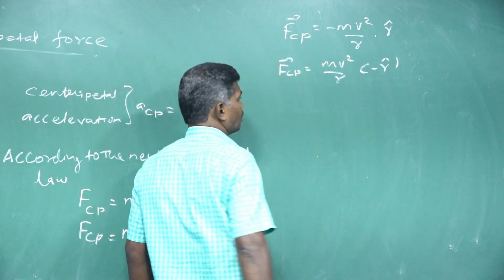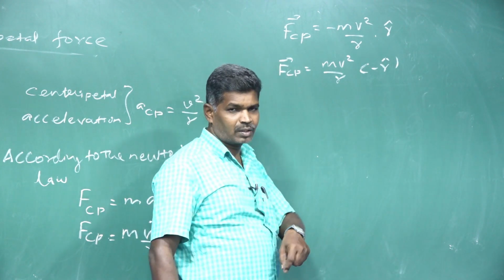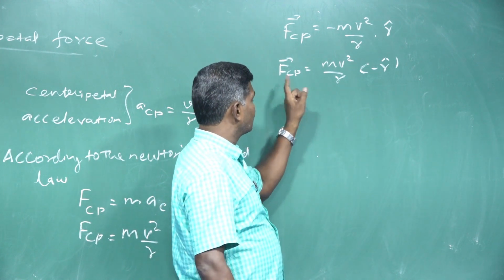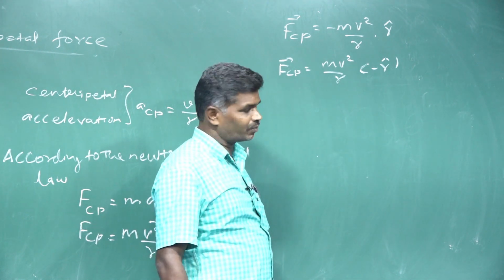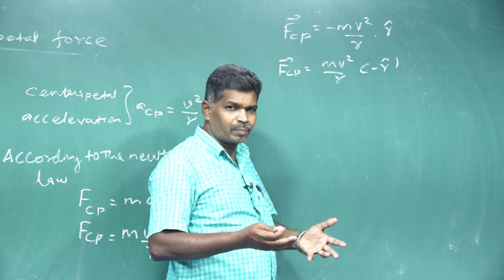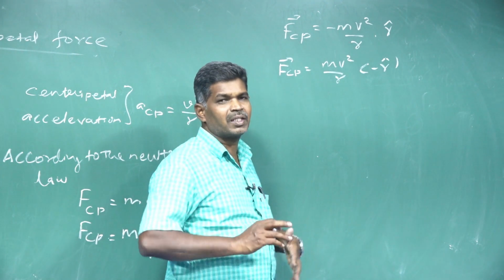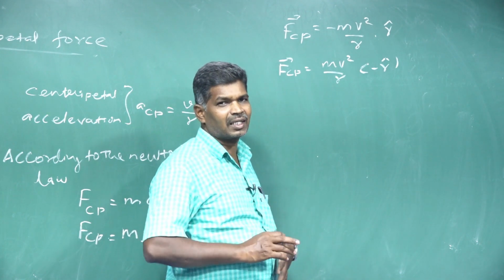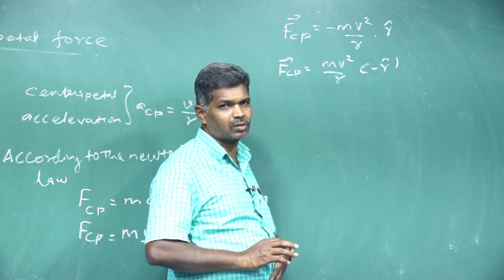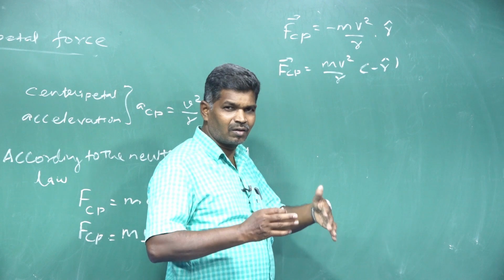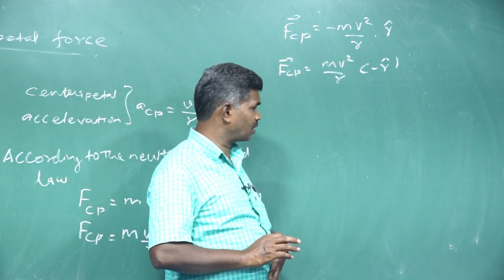That is, the centripetal force acts opposite to the direction of the radial vector. In general, anywhere a particle moves in a circular path, it experiences centripetal acceleration as well as centripetal force. Centripetal force always acts towards the center of the circular path.